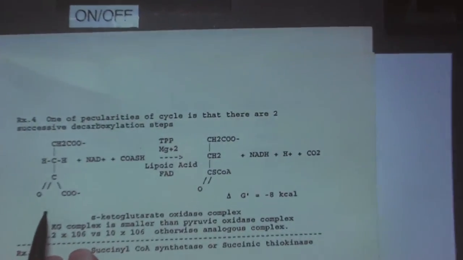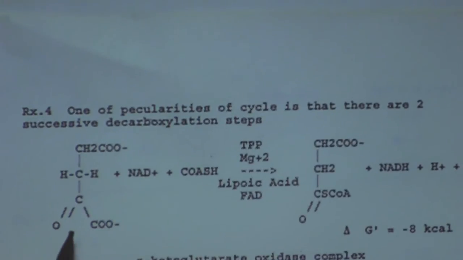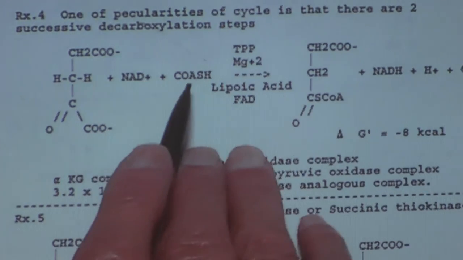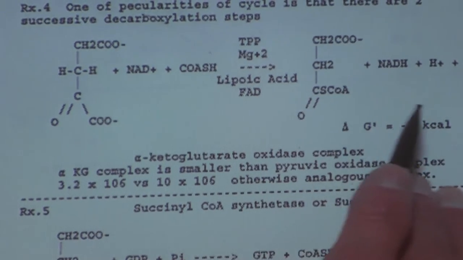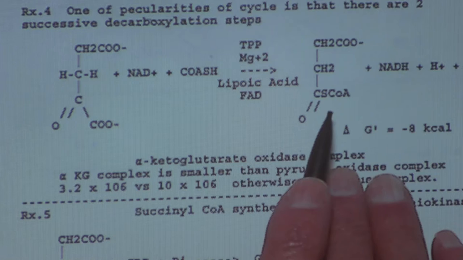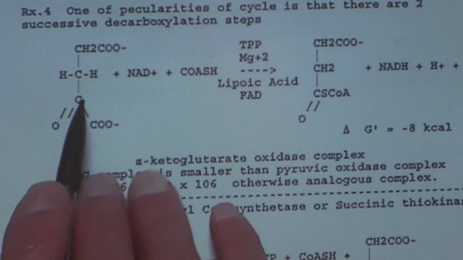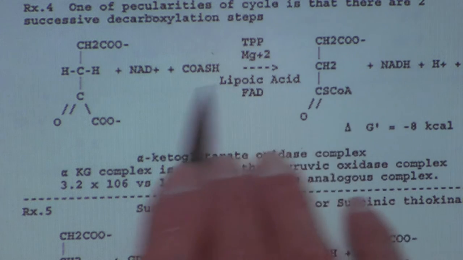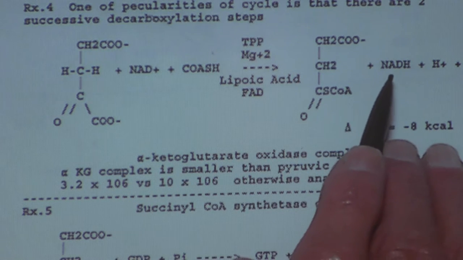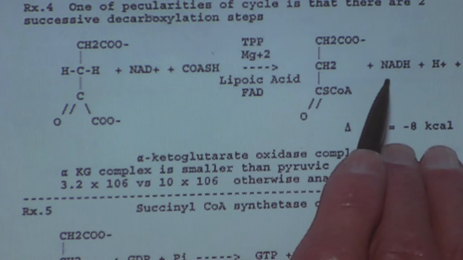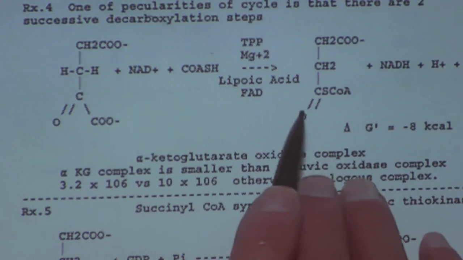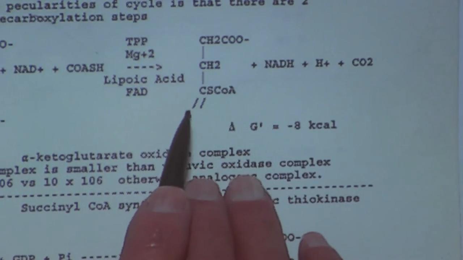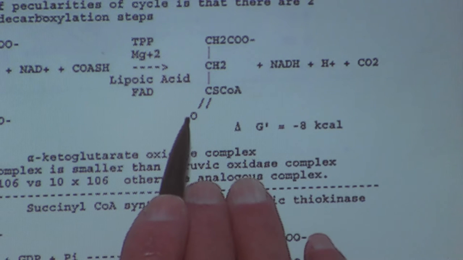What we're doing here is taking alpha-ketoglutarate, NAD, and CoA and we're making succinyl-CoA. So the energy in this molecule is now transferred, part of it to NADH, and part of it to make the succinyl-CoA compound.